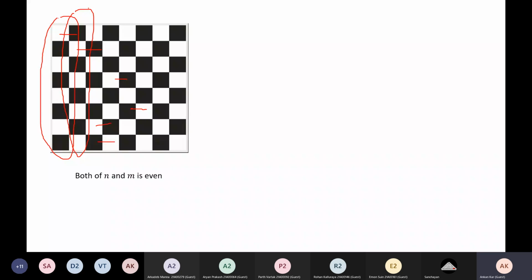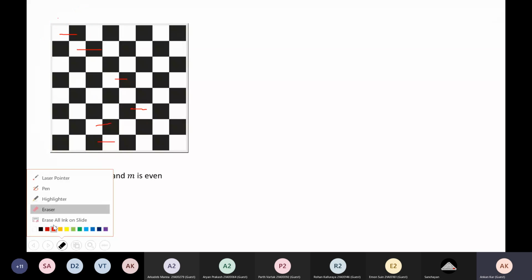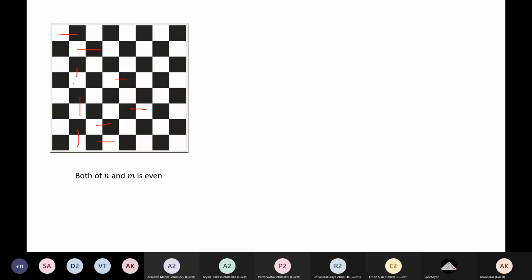You can see each row, and you must be checking each row like that. After putting all k horizontal dominoes, in each column the number of vacant cells must be even in order to put the remaining ones vertically.